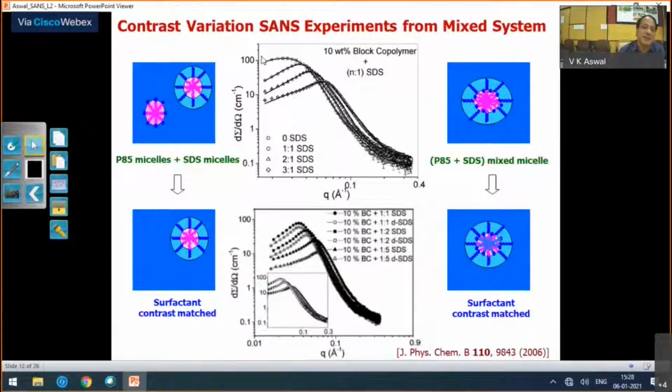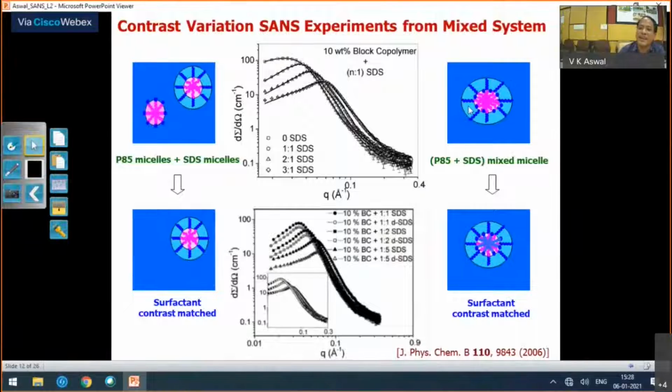If I am seeing by neutrons, in this case I had two contributions, this and this, and now I will have only one contribution. So I would expect my scattering profile to change drastically because I am now seeing a different composition in the system.